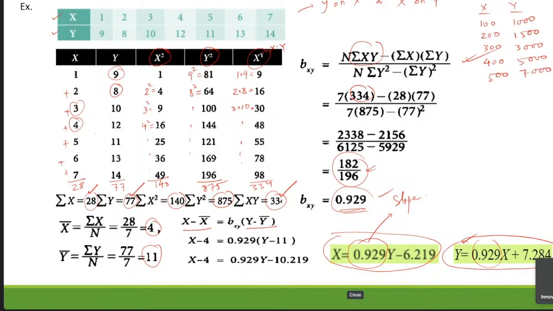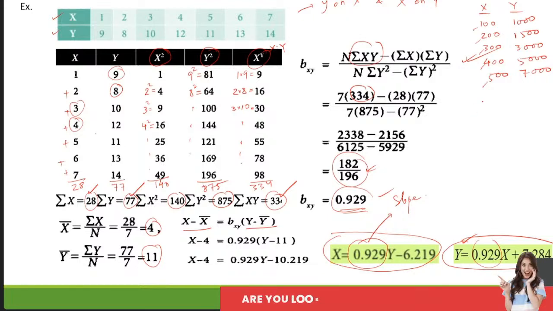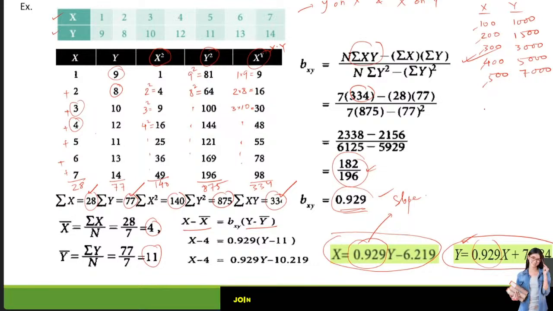It is difficult to calculate with these large values. So what we can do is reduce these values by using the change of scale and change of origin, or both simultaneously.